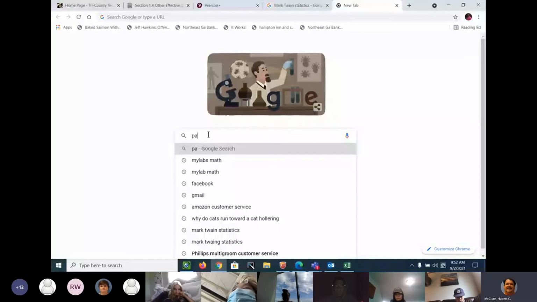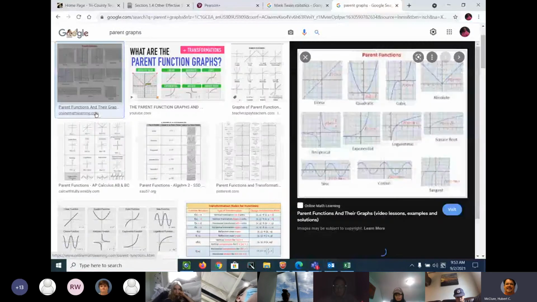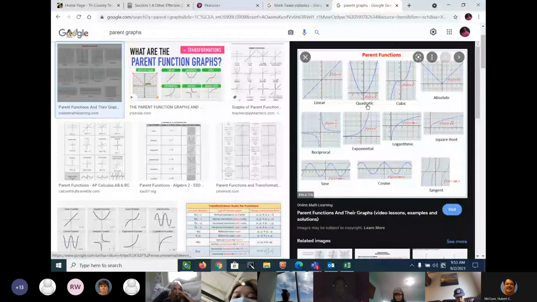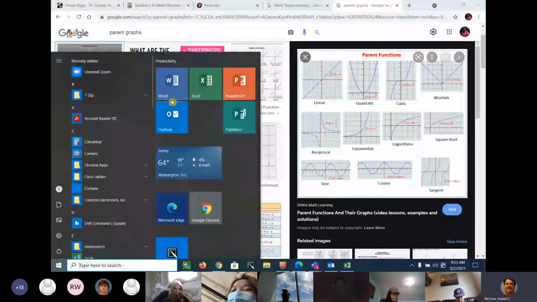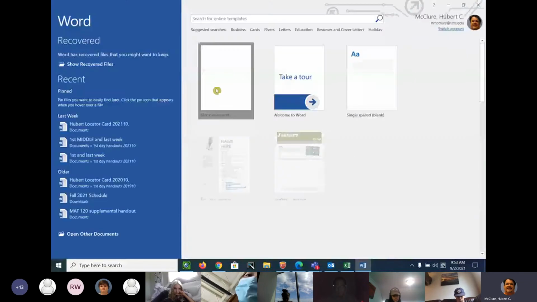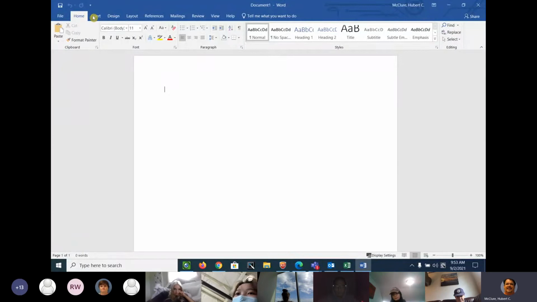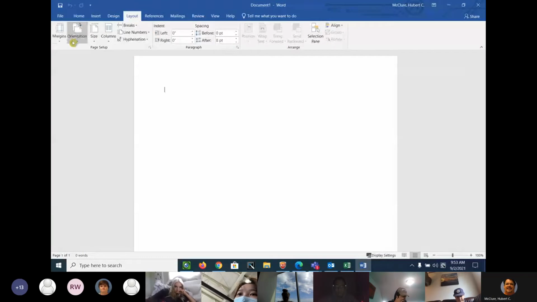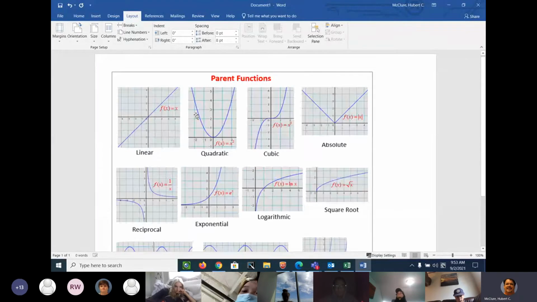I usually use this one. So copy, Word. Yeah, this is a lot of work, and I know some of y'all can't handle a lot of work, so I'll just do it for you. Layout, orientation, landscape, margins, none, and Control V. Yeah, it's a lot of work, isn't it?